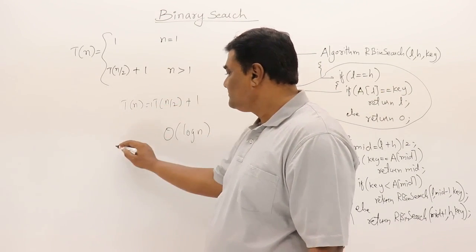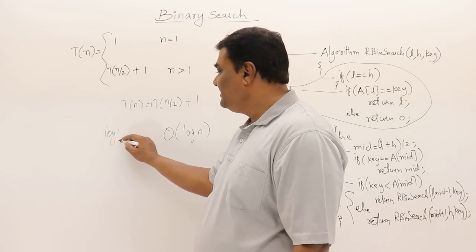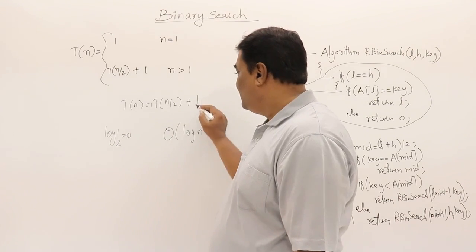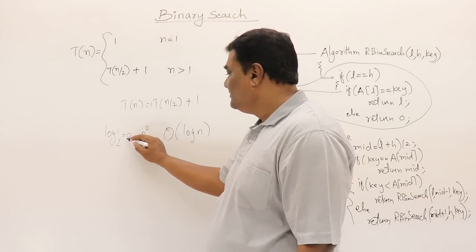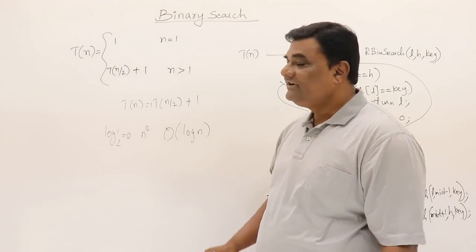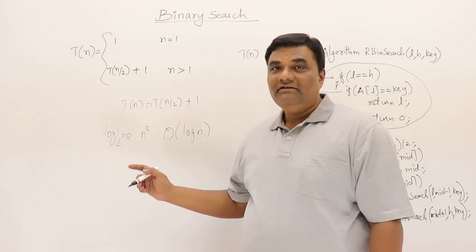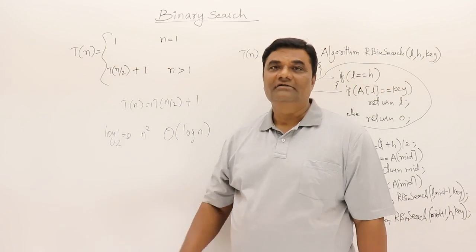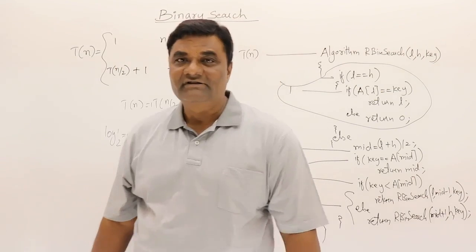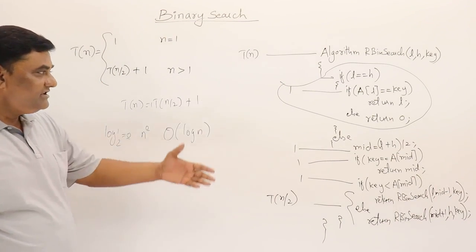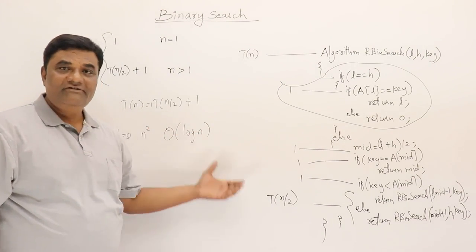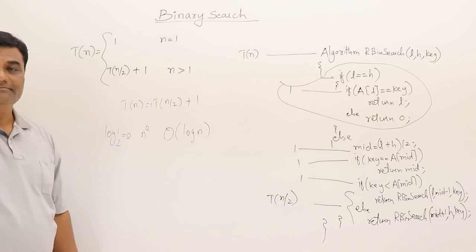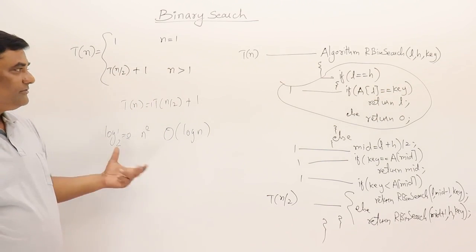This is 1 and this is 2, so log 1 base 2 is 0 and this is n power 0. So both are 0. So it is 1 into log n and 1 into log n, so it is log n. So the time complexity of this one is log n. So we have seen that the divide and conquer algorithm is also giving the time as log n. That's all about binary search.